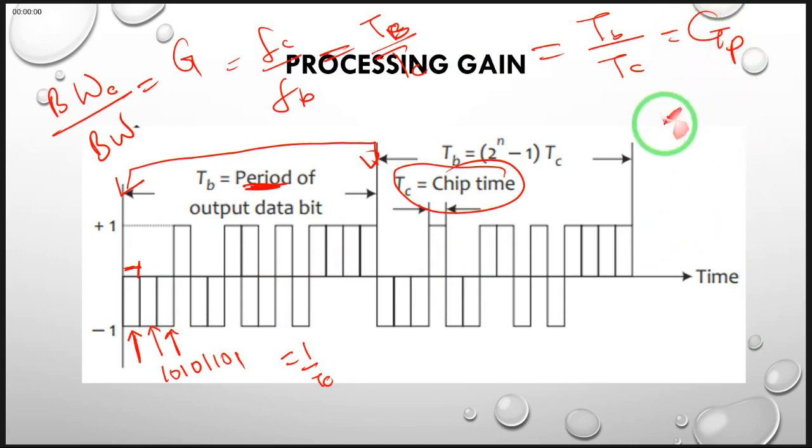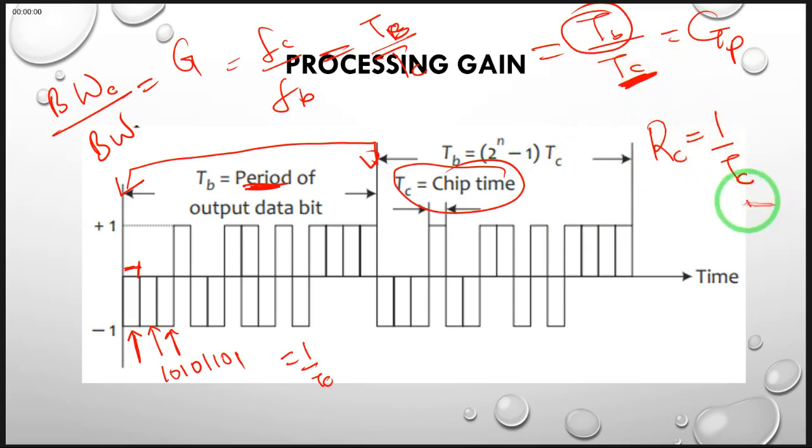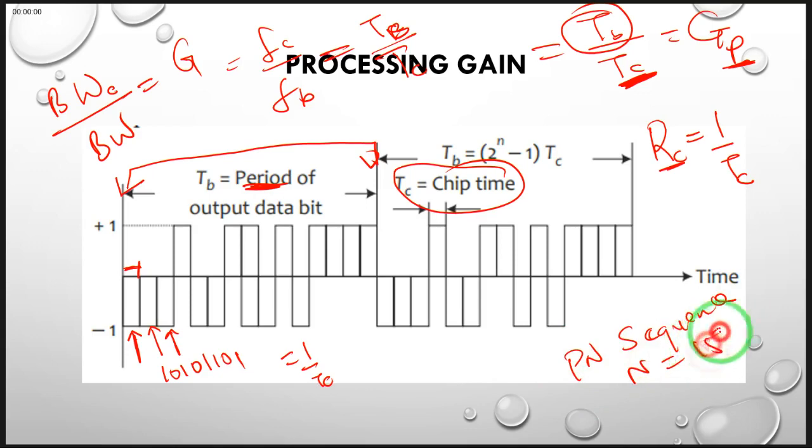If you want a higher gain, because we cannot interfere with the TB or the bit rate, we can only reduce the TC, which is the reciprocal of the chip rate, RC. So if you increase the chip rate, then you are going to get a higher gain. And number two, if you increase the number of bits represented in the PN sequence, then, for instance, if N was equal to 15 and you increase it to N equal to 30, definitely that doubles your processing gain.